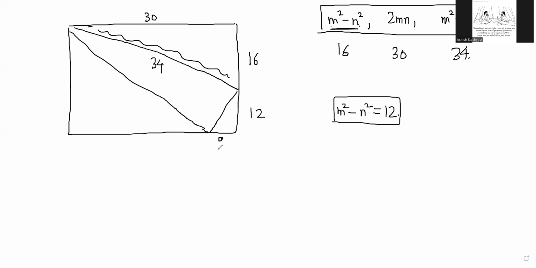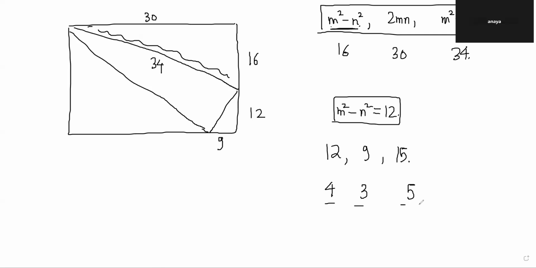Wait, if this is 9, I know a Pythagorean triplet is 12, 9, and 15. That is also a Pythagorean triplet. Basically, it's a multiple of 3, 4, and 5 multiplied by 3, right?